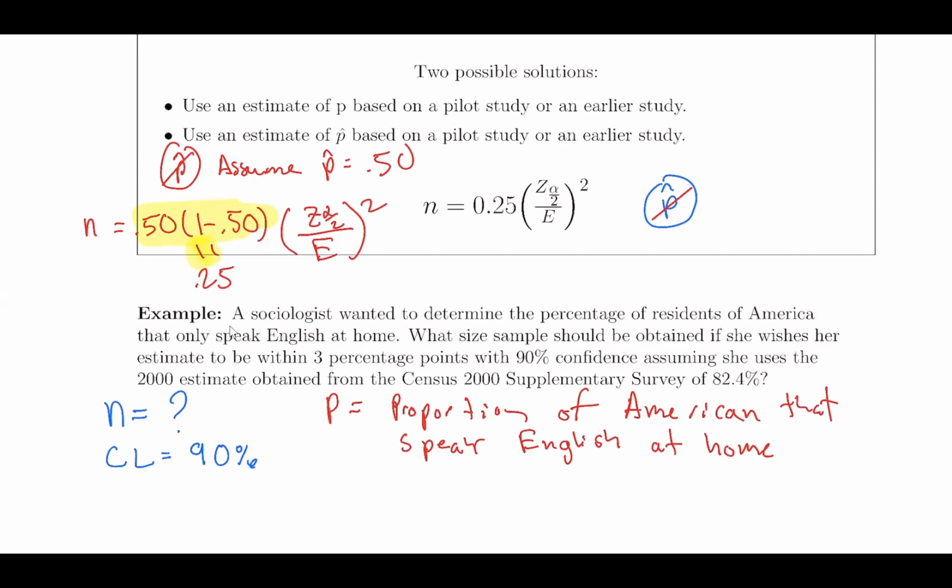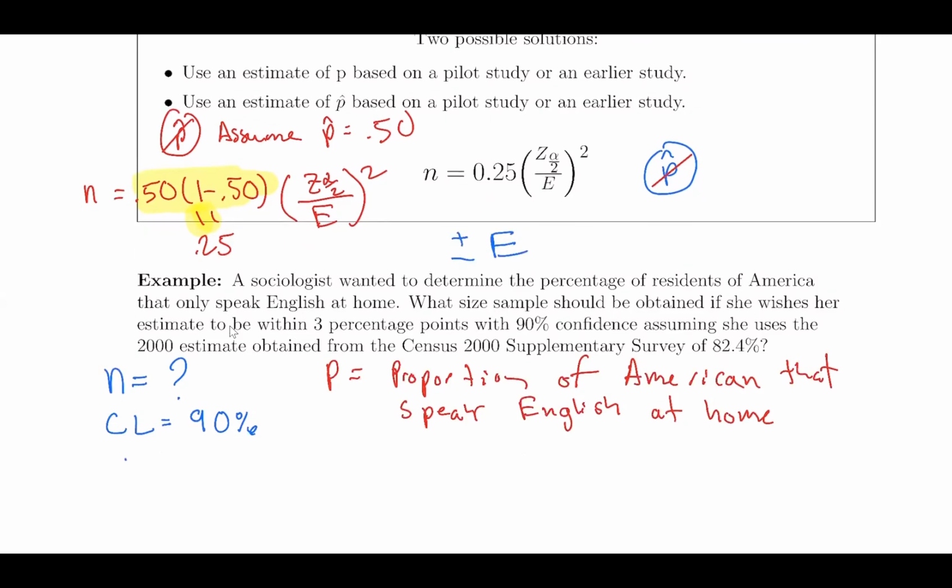Margin of error, if you remember, you do plus or minus margin of error. When you're doing plus or minus, that's telling us it has to be within a certain percentage. So technically here, our margin of error has to be 3% or 0.03.